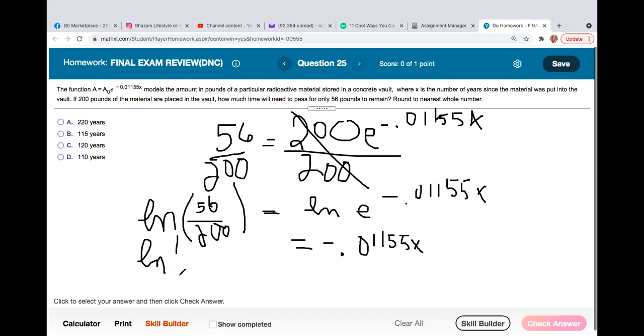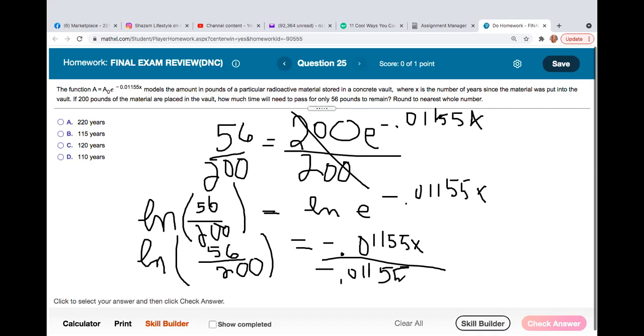So now all I have to do is grab the calculator and do natural log of 56 over 200 and then divide by the negative 0.01155.